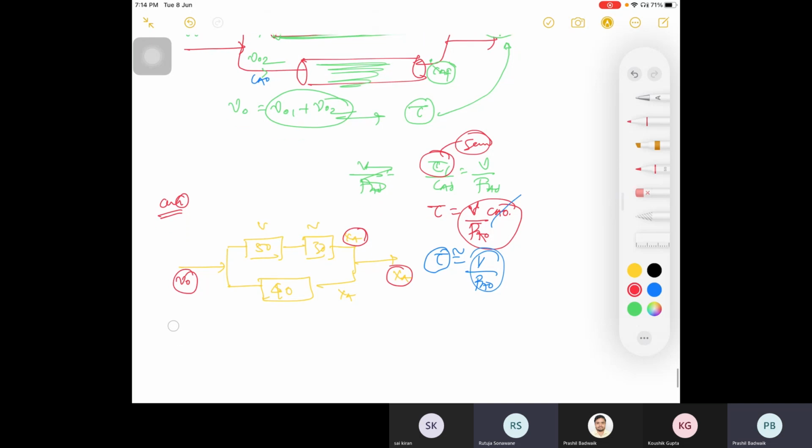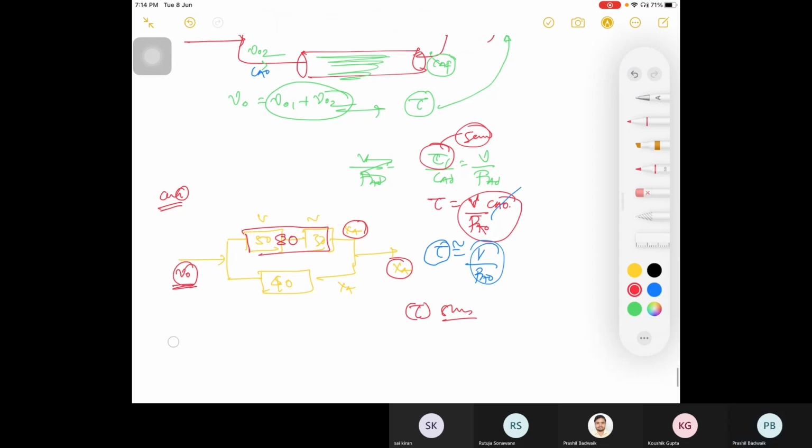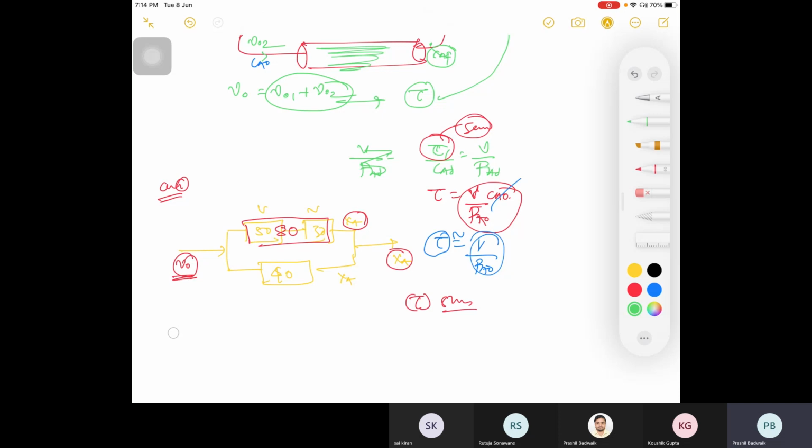I told you tau should be the same. So instead of this reactor I can write a single reactor of 80. So you got the same answer, it is correct, but I'll write it in terms of this initial volume.